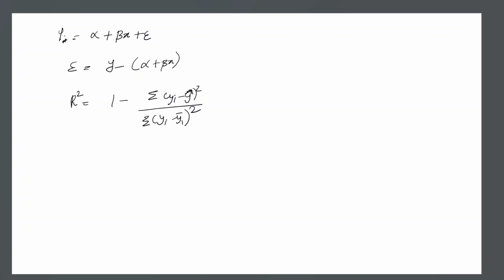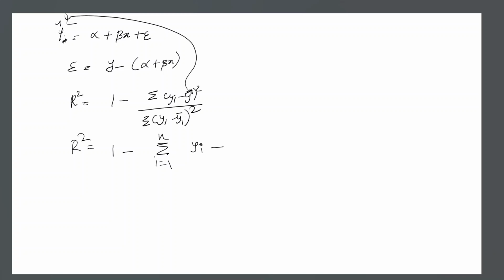So this can also be written as R square is equal to 1 minus the summation of i equal to 1 to n. This is the y cap; the y cap is a predicted value, so that is what we are referring to here.